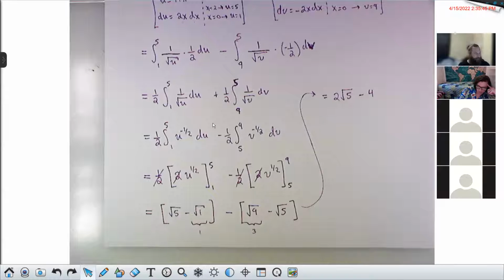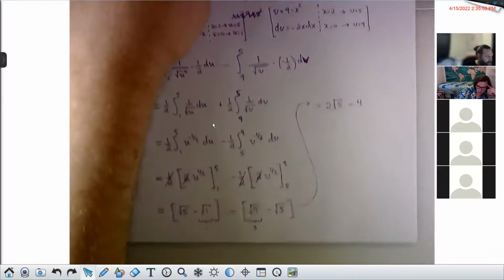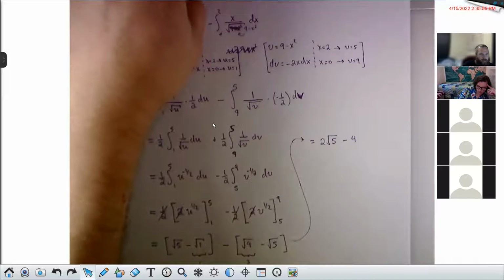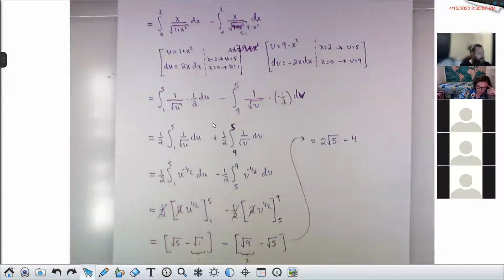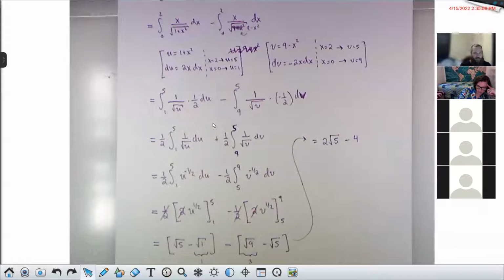Pretty good stuff, right? Let me back out a little, and here's the whole integration process. Questions on the substitutions?